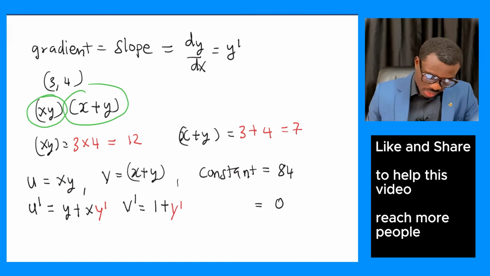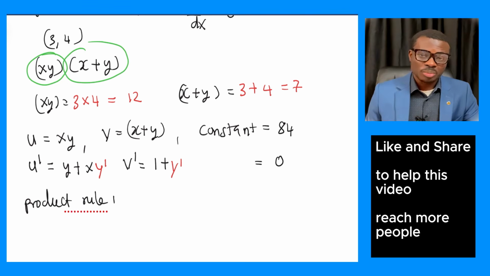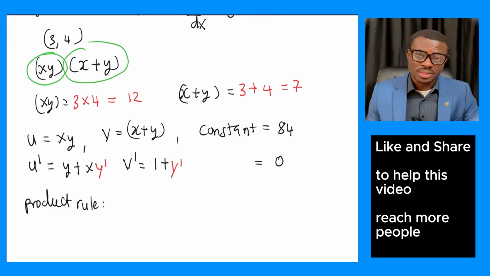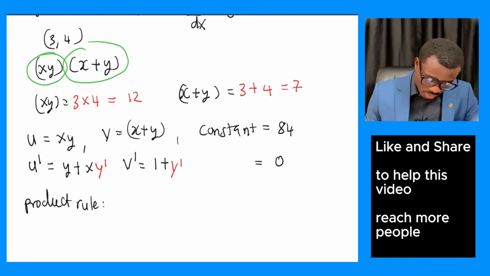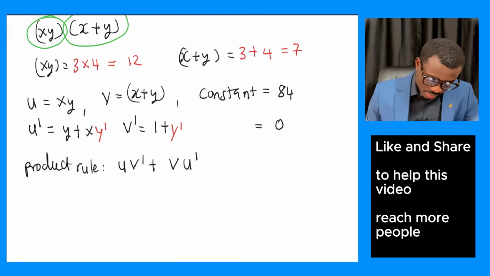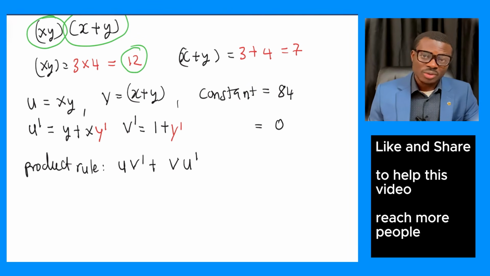Now the product rule comes in. For the product rule, again, you do not have to write the formula. This is for explanation or illustration purposes. Remember, we are always working against time, so you have to be super fast. So for the product rule, we have u multiplying v prime plus v multiplying u prime. So the question now becomes: u is xy, and remember that we already computed xy, which gave us 12.